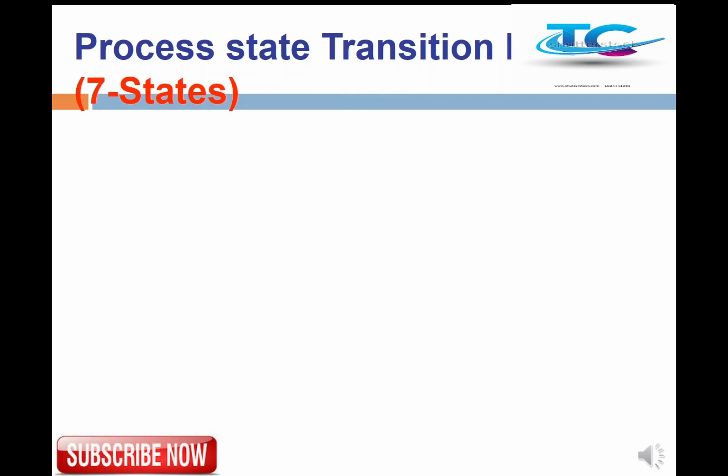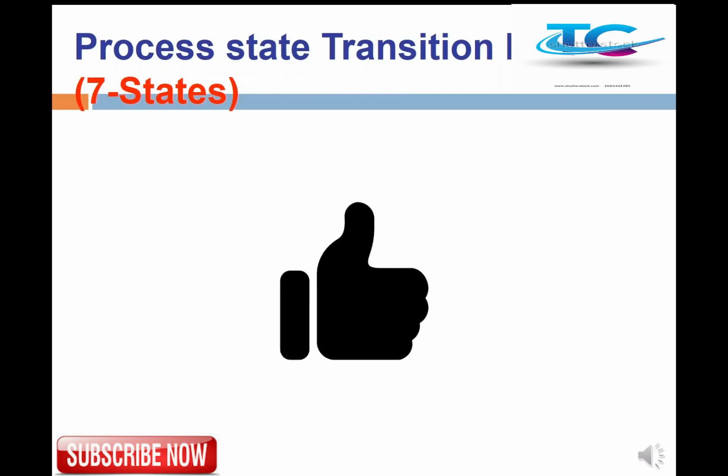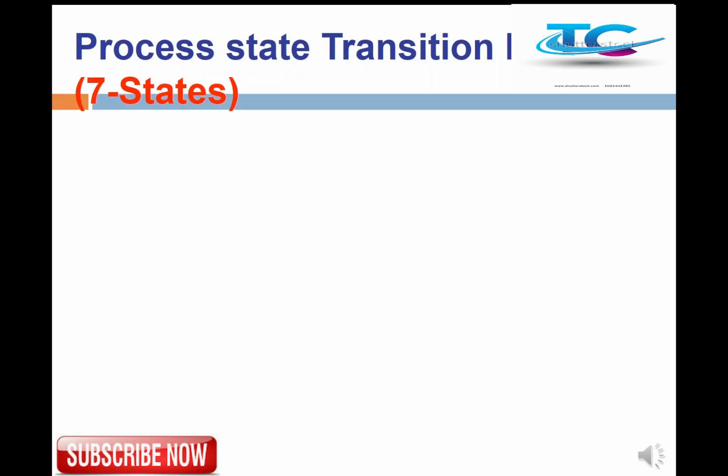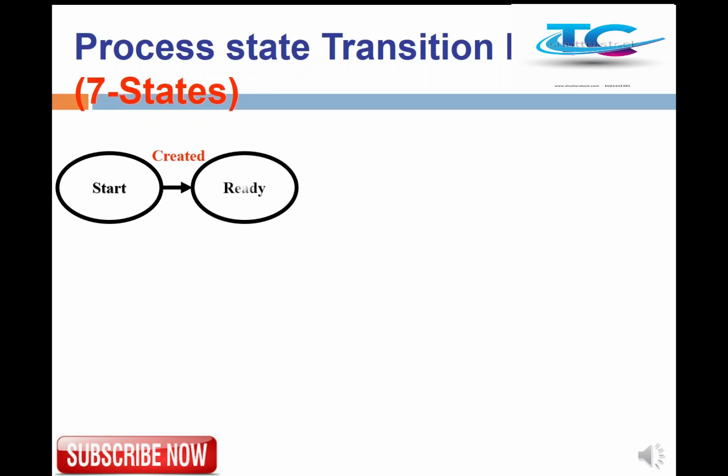Now just come to the process state transition diagram, that is, here the 7 states. Apart from the basic process life cycle, there are 7 states in which 2 more states have been added. We will discuss the 2 more states, but before that, we are revising the 5 basic states. There is a start state, which is the initial state. Here the process will be created and goes to the ready state.